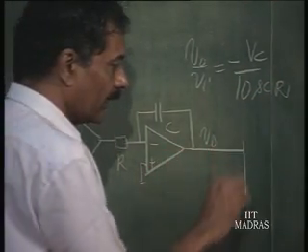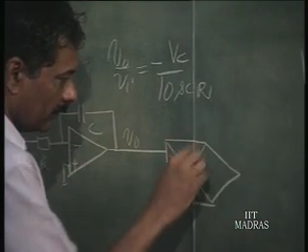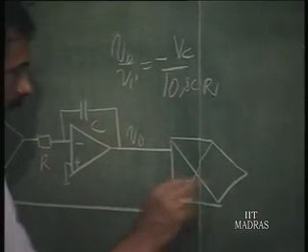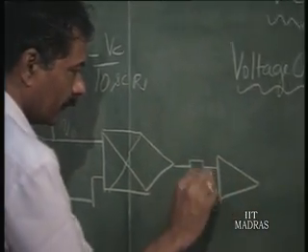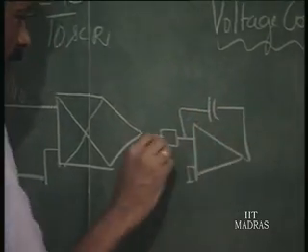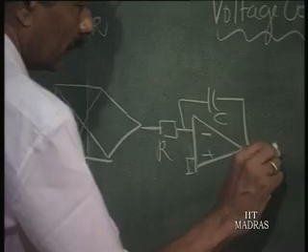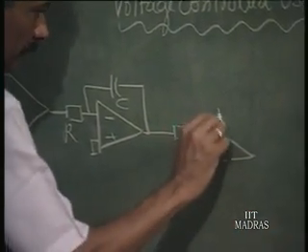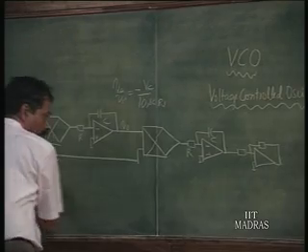Suppose therefore, we use another integrator like this and give it to the same VC and put this integrator in the loop. So, we give the feedback now.